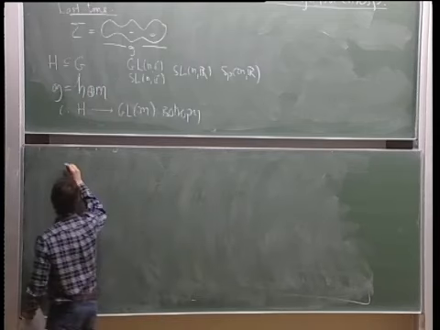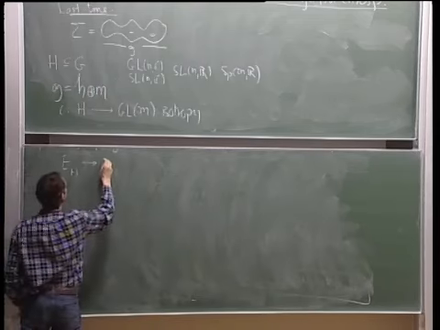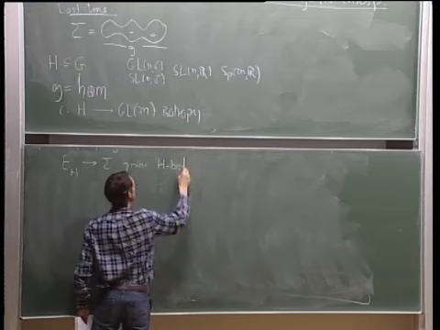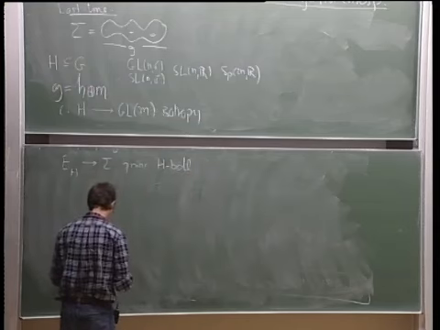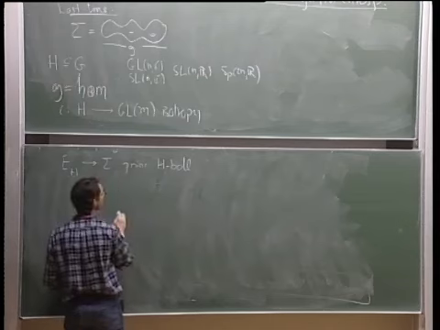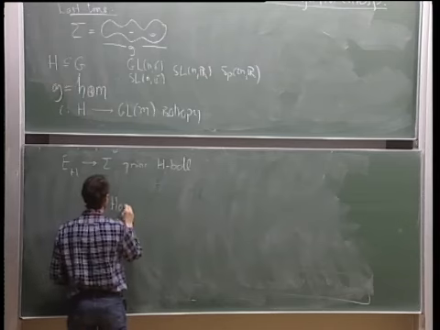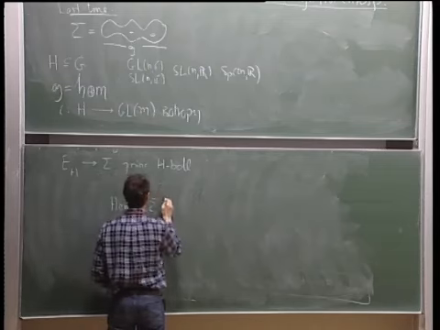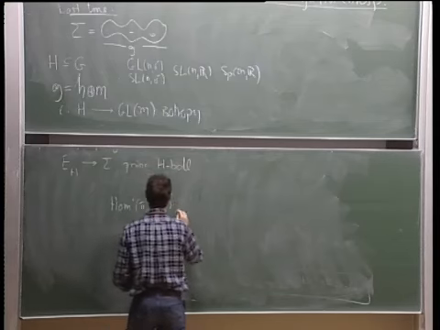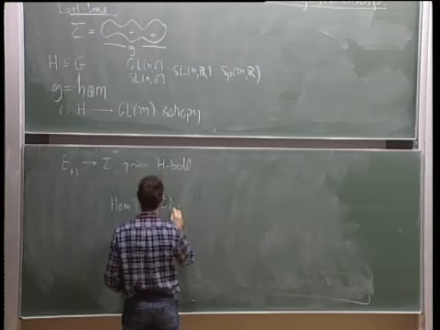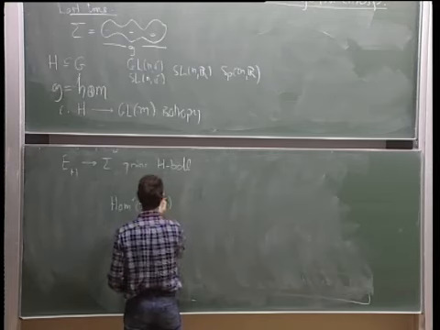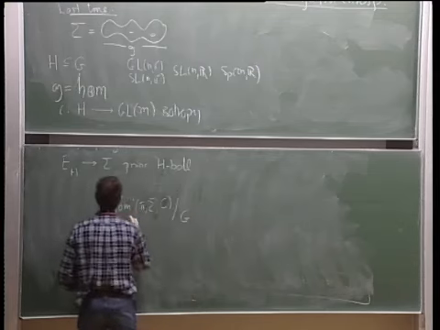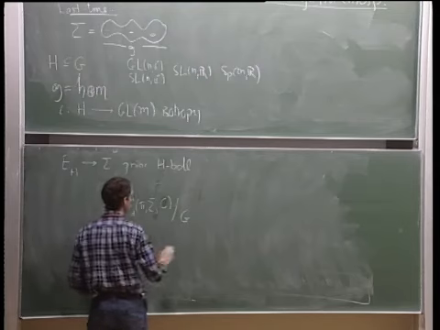And let's just fix now the principal H bundle. And we saw that we could identify the character variety for representations of the surface group into G. And let's fix also the topological class.